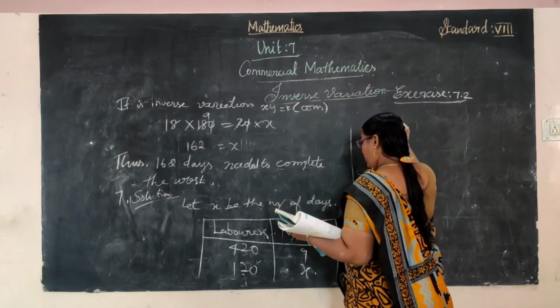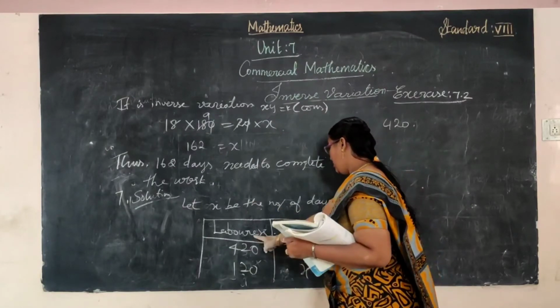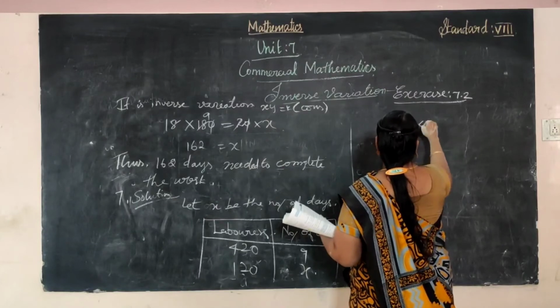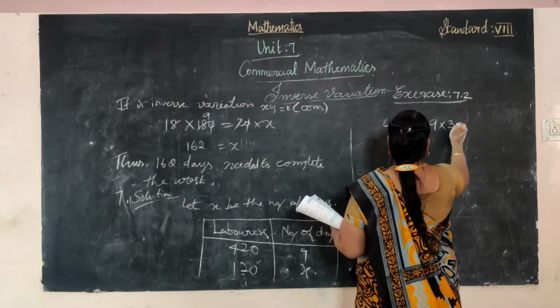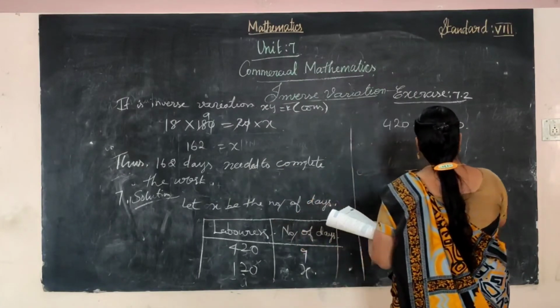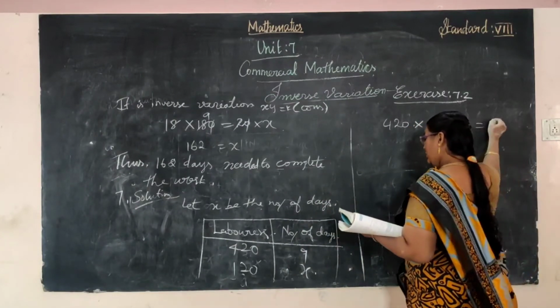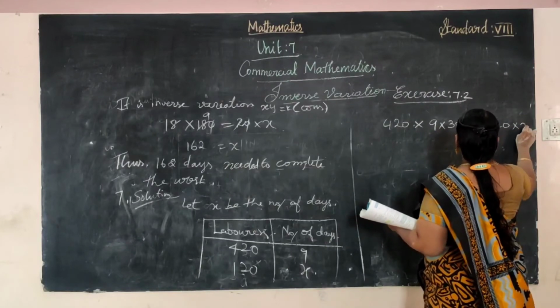So laborers 420 into 9 months, so 9 into 30, changing the months to days, equal to 120 into x.